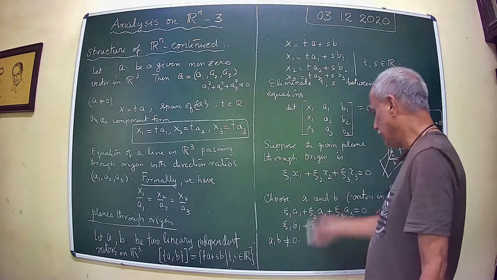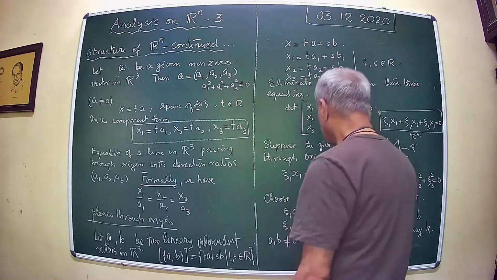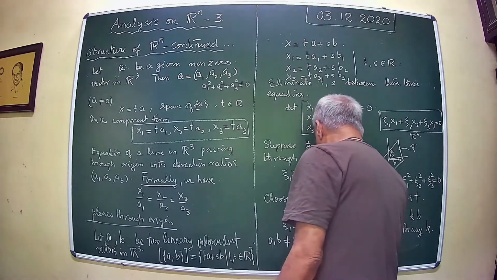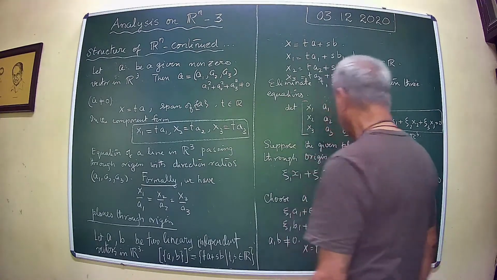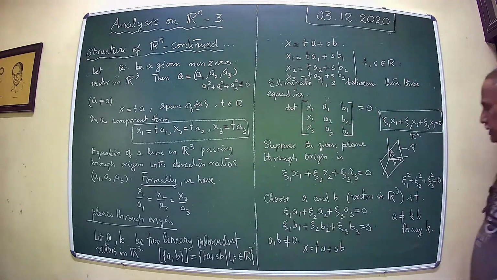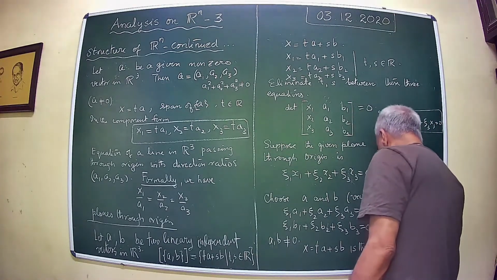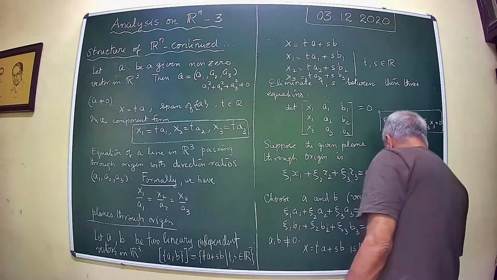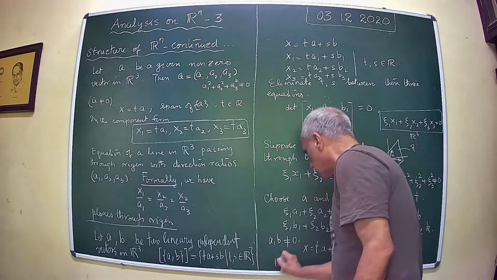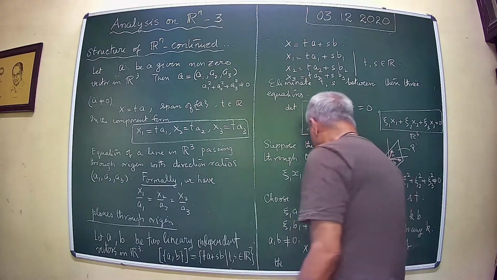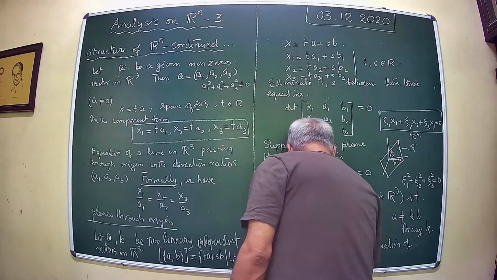And once you get that, then the corresponding equation is this. So you write x equal to tA plus sB, which is the plane in the parametric form.